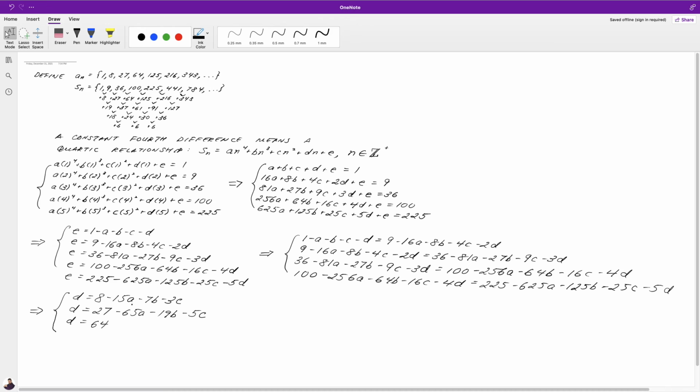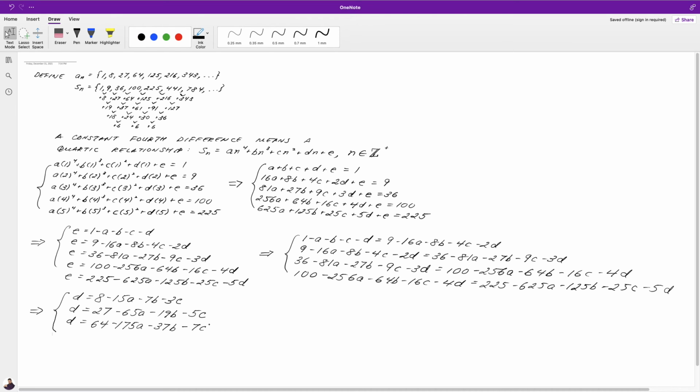It's going to give us minus 175A. Okay, good. And then adding 27B to both sides. It's going to give us negative 37B. Okay. Adding 9C to both sides. That's going to give us negative 7C.